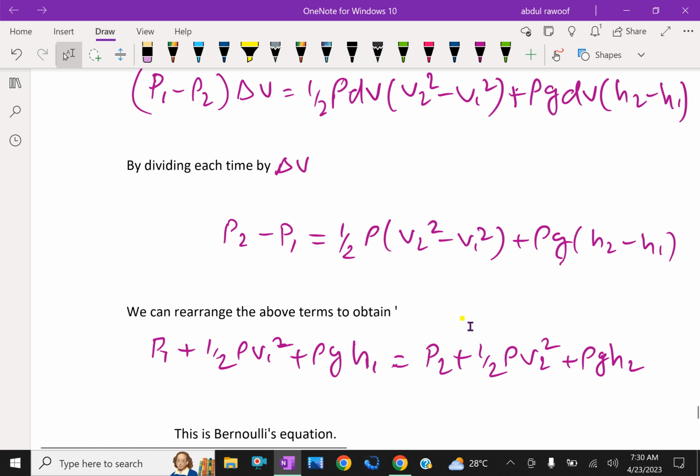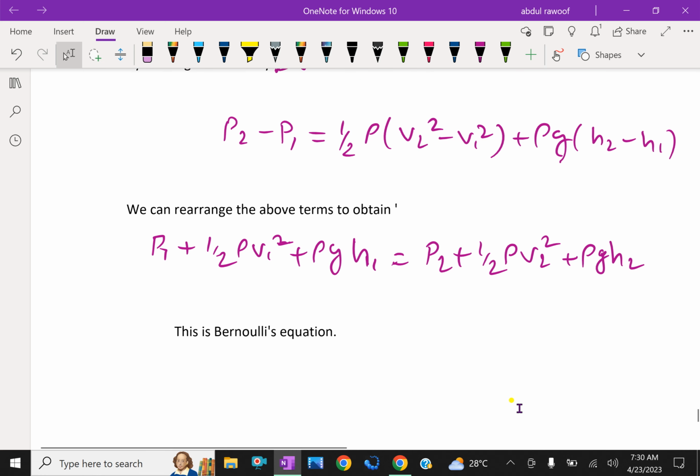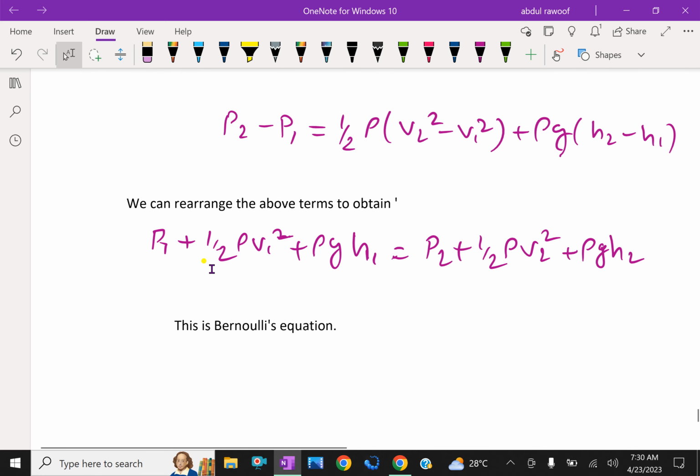We rearrange the above terms. Opening the bracket and collecting the first part on one side and the second part on the other side, P1 plus half rho v1 squared plus rho g h1 equals P2 plus half rho v2 squared plus rho g h2. This is Bernoulli's equation.